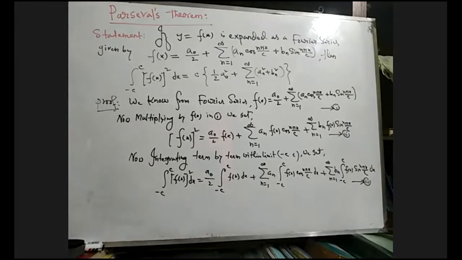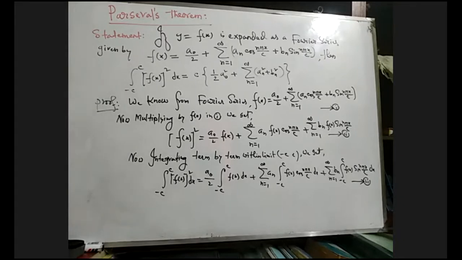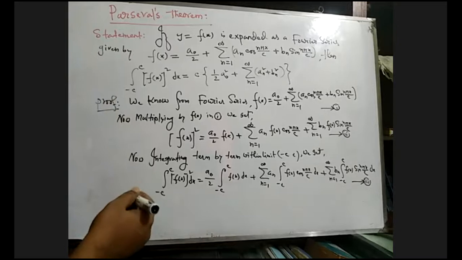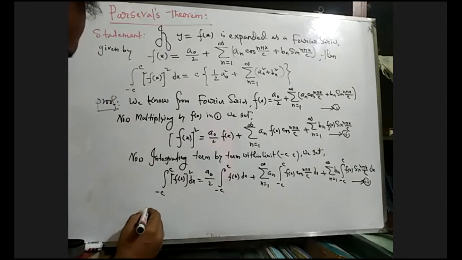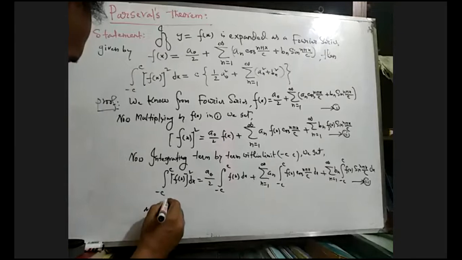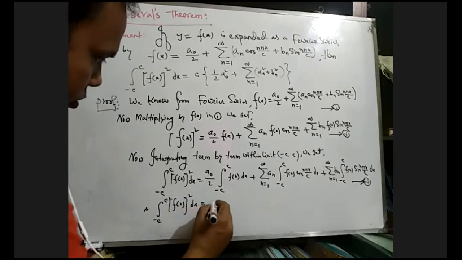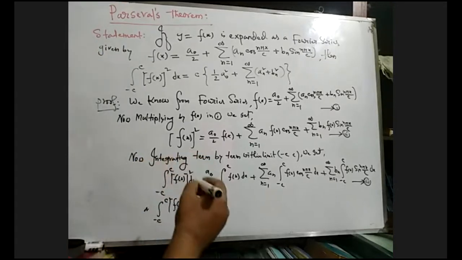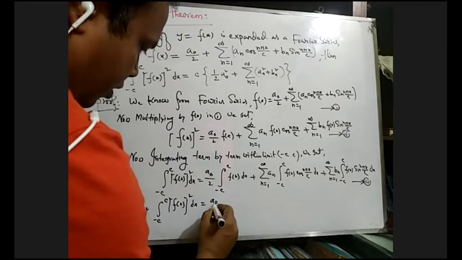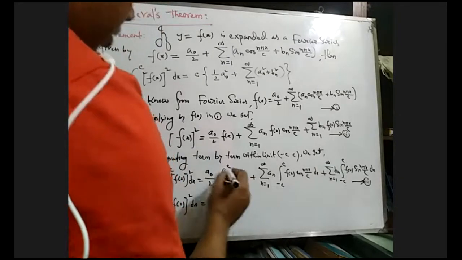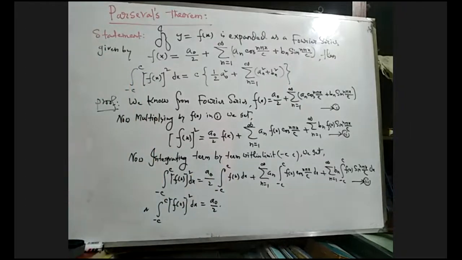Okay, now after this line you can write this equals the integral from minus c to plus c of f of x dx equals a naught by 2. This is the actual formula for Fourier series in the change of interval and function having arbitrary period, from the previous section.